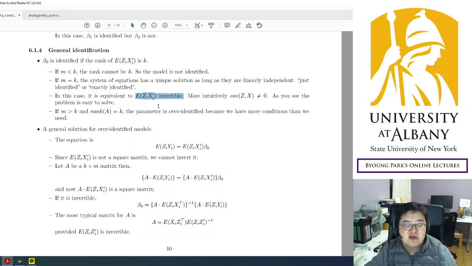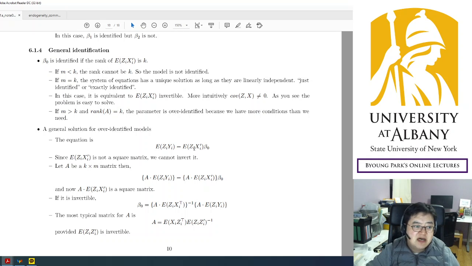Using the inverse matrix, you can write beta as the inverse of the expected value of zx prime times the expected value of zy. From this equation, you can multiply the inverse of this matrix on both sides to isolate beta 0 on the right hand side.